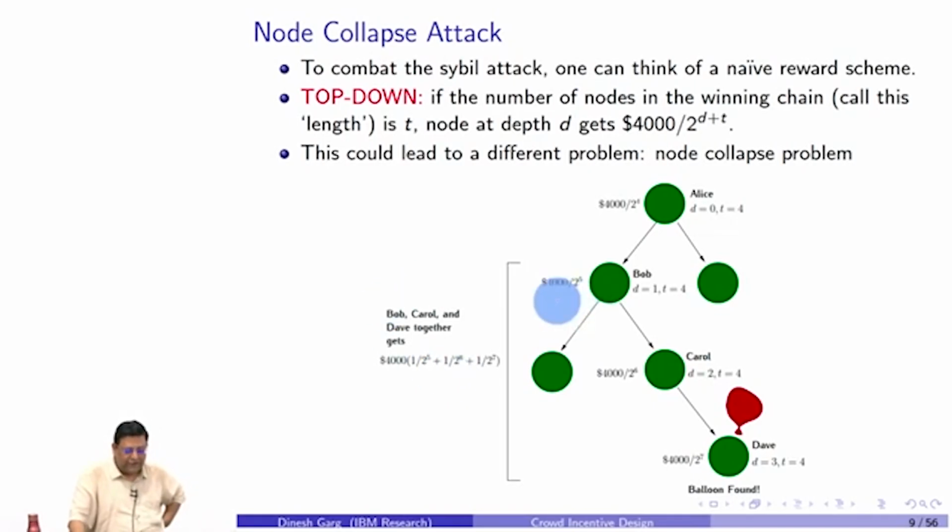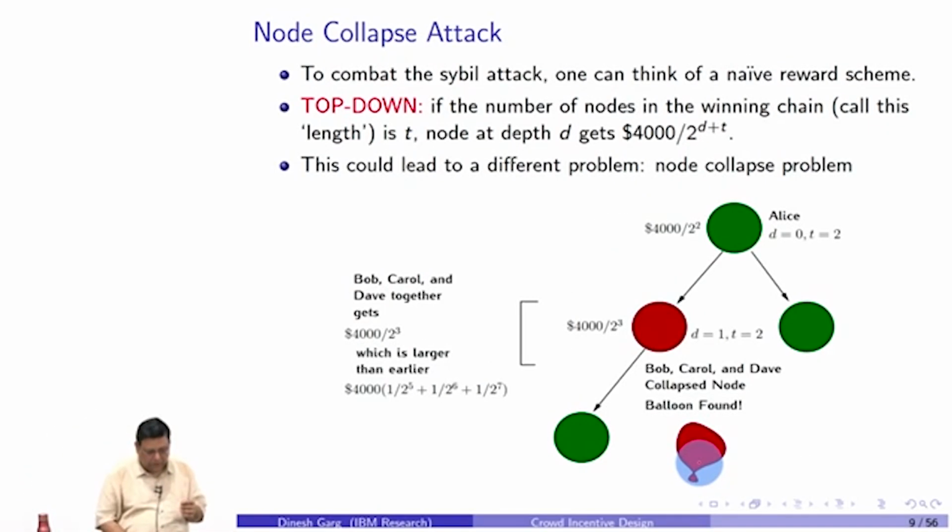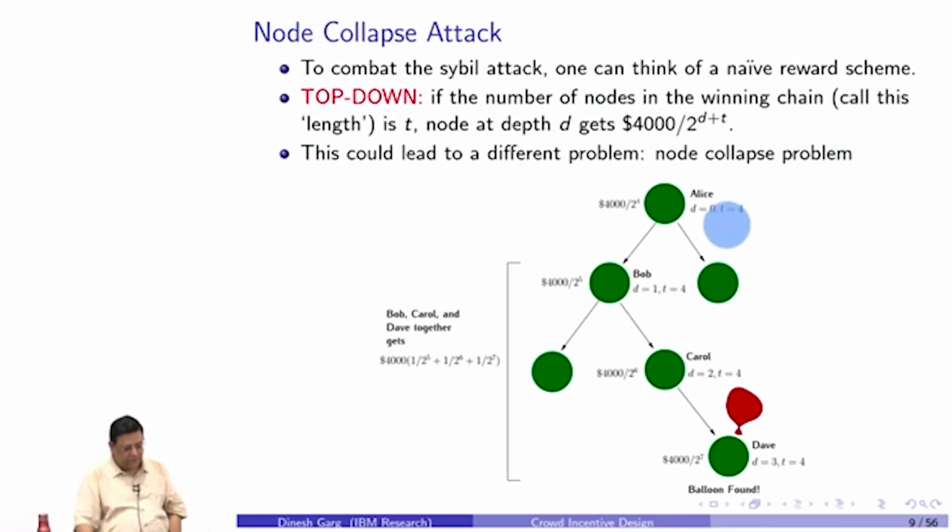Now, if they collude and collapse themselves into a single node, their total reward will go up. How? Suppose all 3 collapse themselves and pretend to be one single team. Now, what is the length of the winning chain? It is now just 2. In the previous case, the length of the winning chain was 4, right?